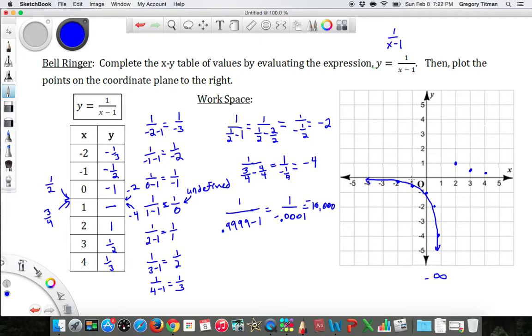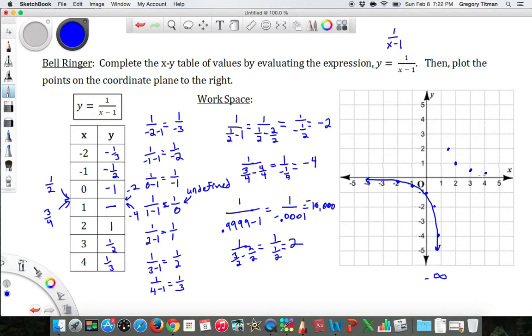And if we did the same thing over here on the positive side, as we're decreasing the x values, we're getting a larger and larger y output. So if we try something between 1 and 2, like 1 and 1/2 or 3 halves, we get 1 over 3 halves minus 1, which is the same thing as 2 over 2. So we get 1 over 1/2, which is simply 2. So we get the point 3/2, 2.